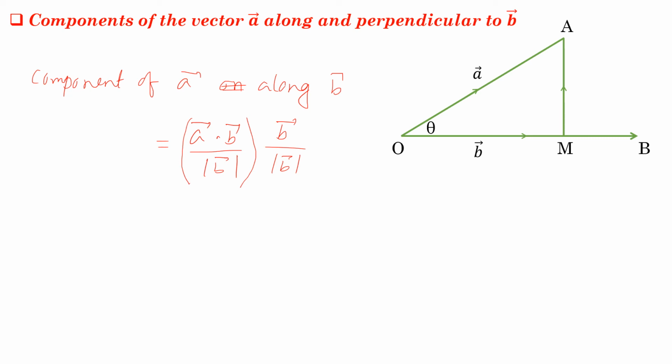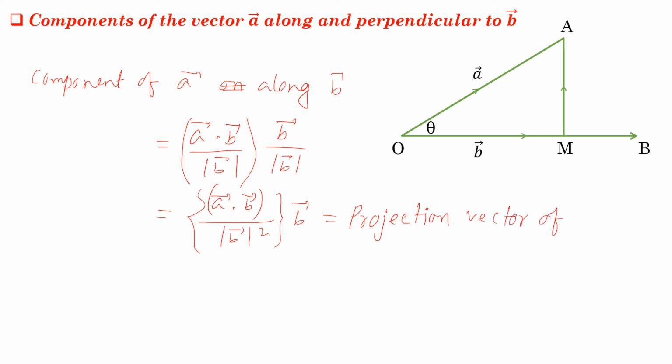So it can also be written as a bar dot b bar divided by mod b into mod b, that is mod b square, and it is along b bar, so you write b bar. This is the component of a bar along b bar, and it is also known as the projection vector.